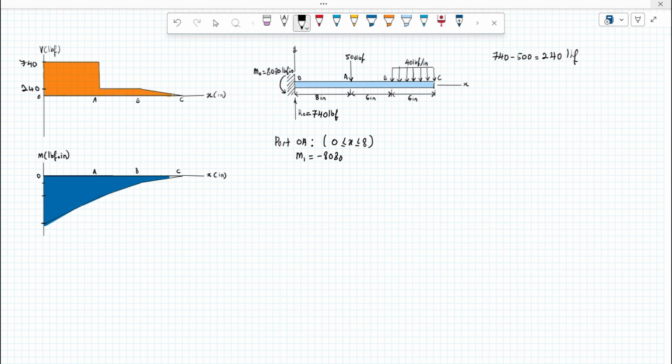So positive 740 times x. When x equals to 0, which is at point O, we get M1 equals to negative 8080 pound force inch.